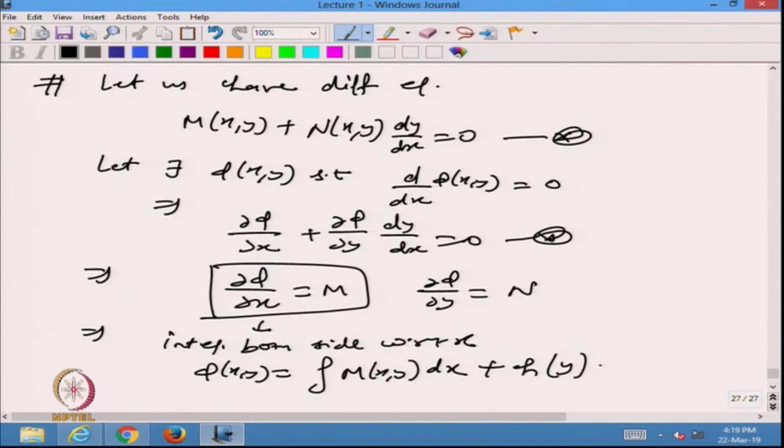So, this is my equation number 2. So, I have the solution of this one.